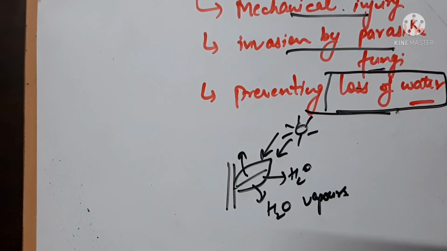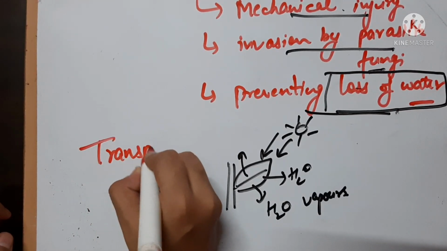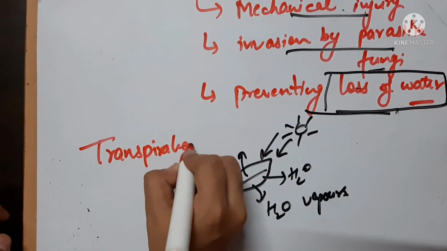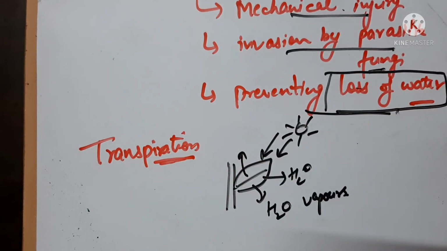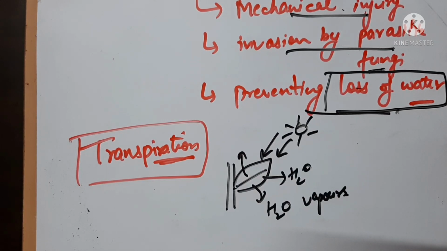This process is called transpiration. So transpiration causes the loss of water from the leaf of the plants.